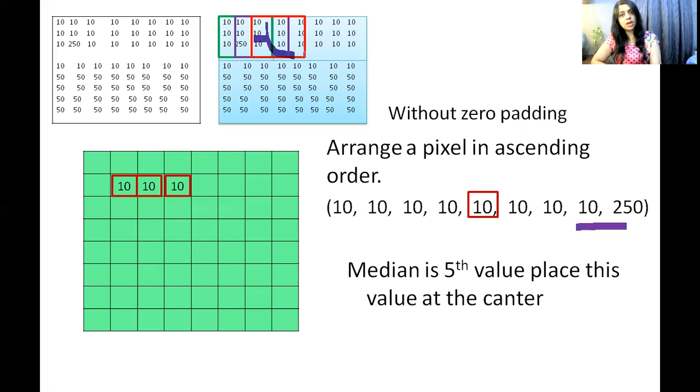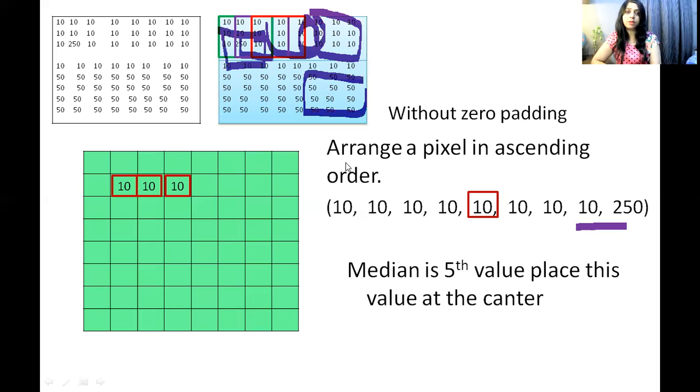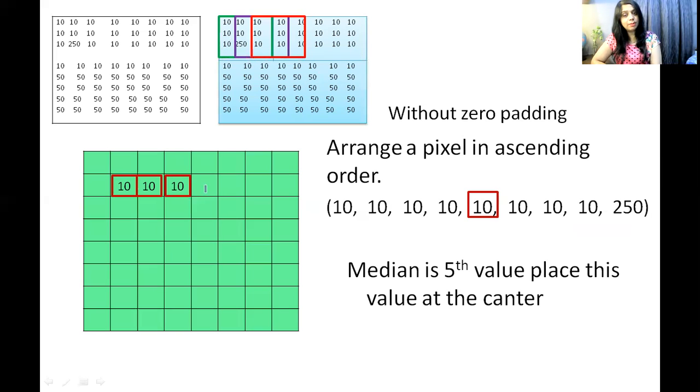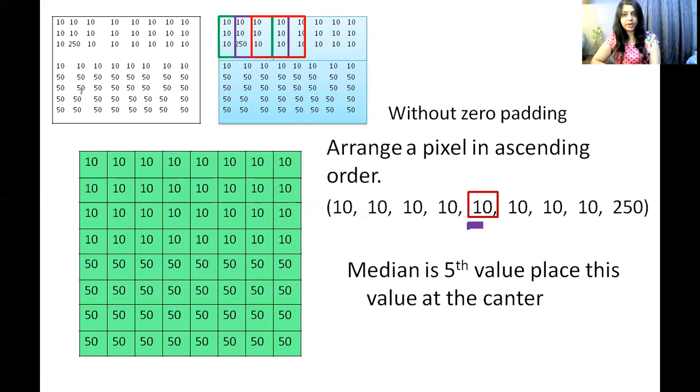Then shift this mask at every position, this should be your last position. Then go down and start from the second row, and again shift, and the last position should be like this. Everywhere repeat the same process. After repeating the process, you replace the middle pixel by the median value, and when you complete this process you get the final image.